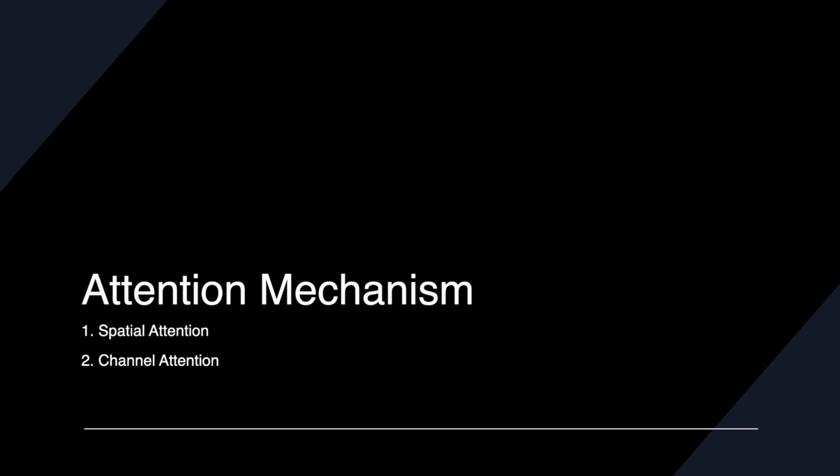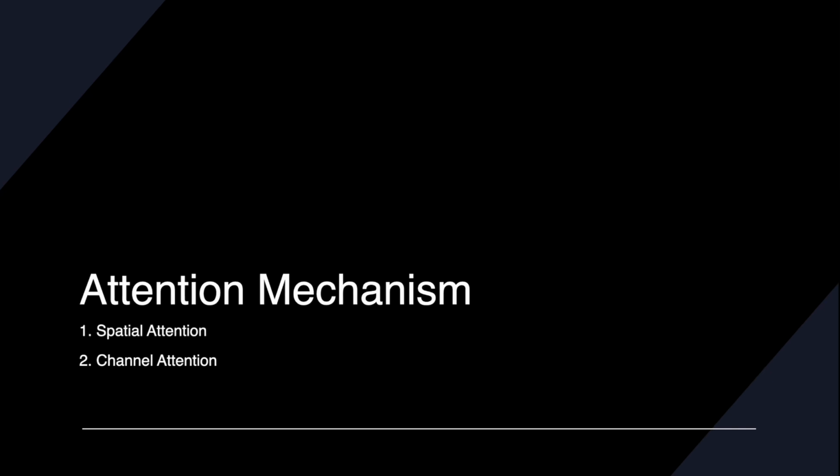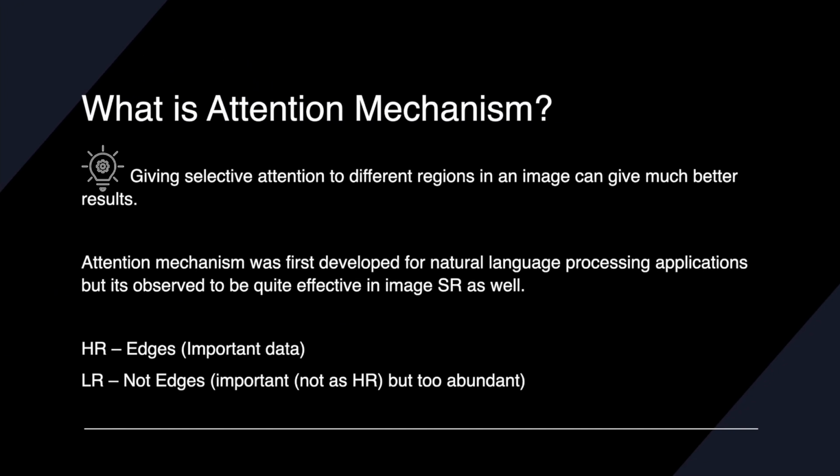And thus came the attention mechanism. Well, we have in the attention mechanism spatial attention and channel attention. What we are doing in the attention mechanism is giving selective attention to different regions in an image, and that gives us better results, and which is less computational.